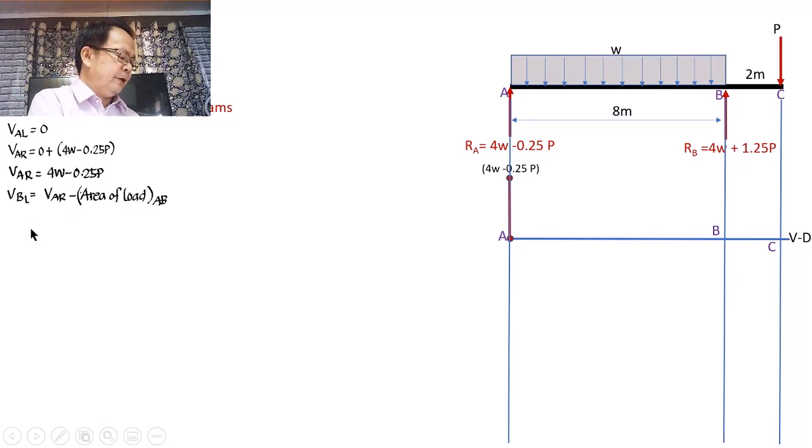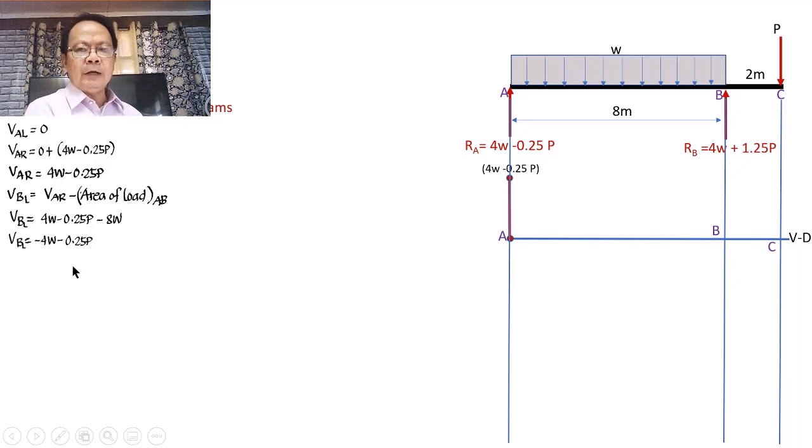Kaya yung ating value ng shear at the left of B, when we substitute the load, so we have 4W minus 0.25 of P. Pag ibawas natin yung W, it will become negative of 4W minus 0.25 of P. Now, if we factor out the negative sign, so we shall have the left of B equal to negative of the quantity 4W plus 0.25 of P.